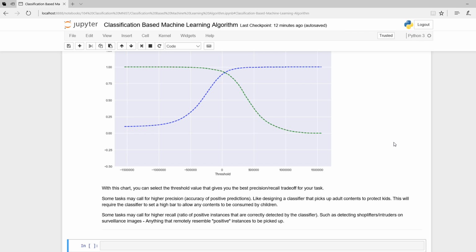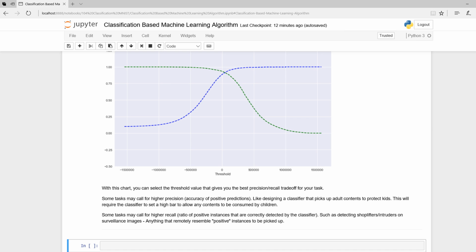So it really depends on your business case, your business problem, what you are trying to achieve. Higher precision is necessary if you want to allow any contents to be consumed by children. So this is really about picking the right one. That's why precision is really important, which is the accuracy of positive predictions.